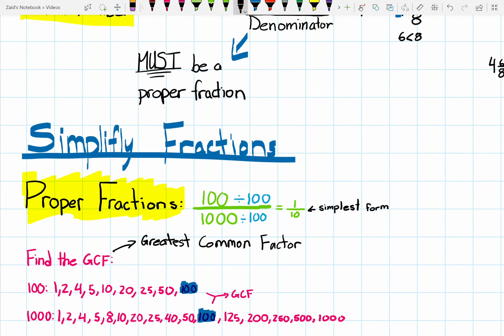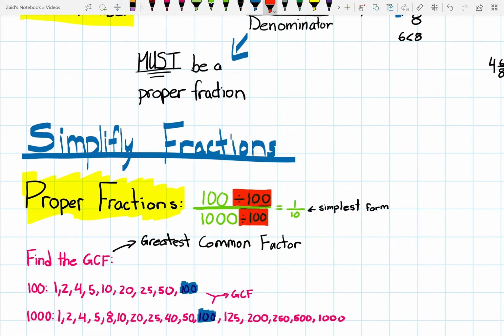Now for the greatest common factor, we have to see which factors they have in common. So we can see that they have 1, 2, 4, 5, 10, 20, 25, 50, and 100. But the greatest number would be our greatest common factor. So in this case, it is 100. So we use that 100 and we divide both numerator and denominator.